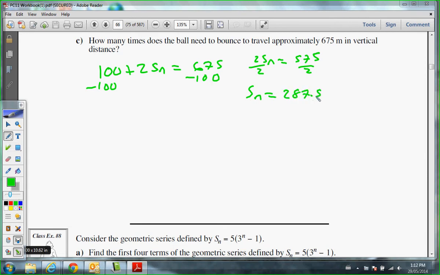Okay, so now what we're going to do is plug in the formula S of n and solve for n. It'll be 75 times 3/4 to the n minus 1, all over 3/4 minus 1, equals 287.5. So 3/4 minus 1 is negative 1/4. So I'm going to times negative 4 over here, that's the first step.